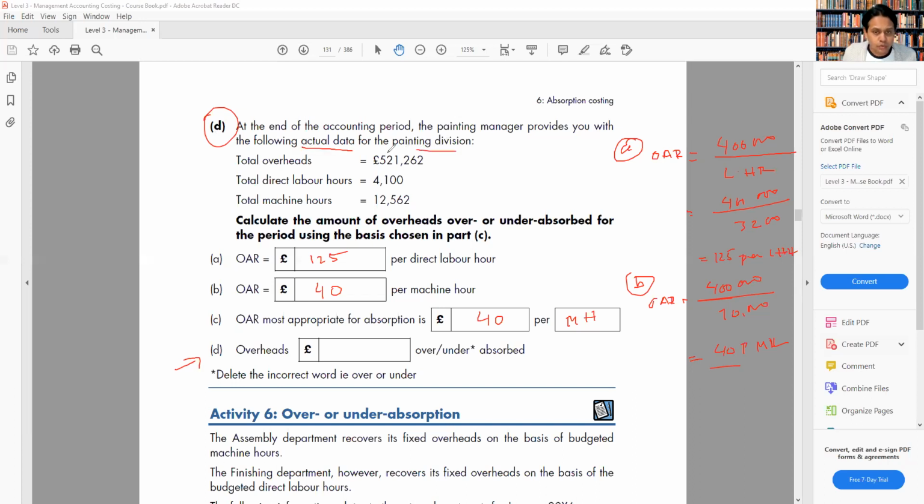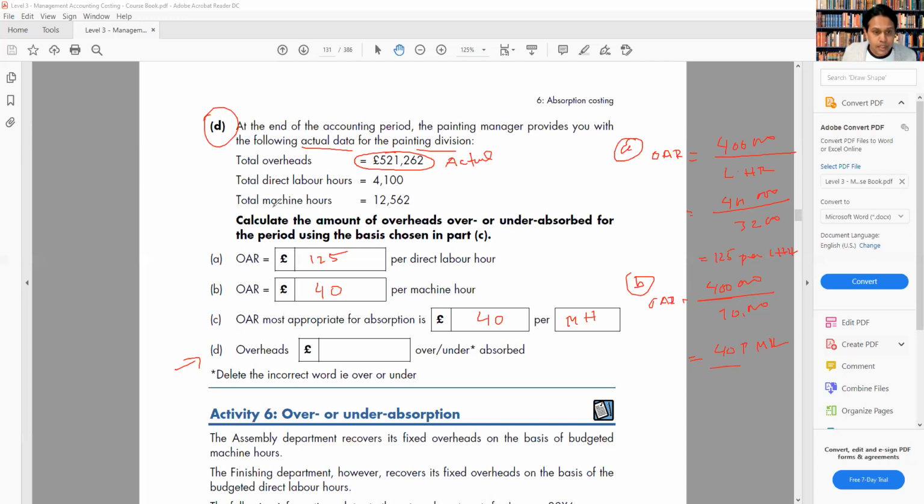So the total actual overhead is 521,262, actual direct labor hour 4,100, actual machine hour 12,562. Now we have to calculate, did we absorb more or less? So we have to identify, is it under absorbed or is it over absorbed? So let's have a look.